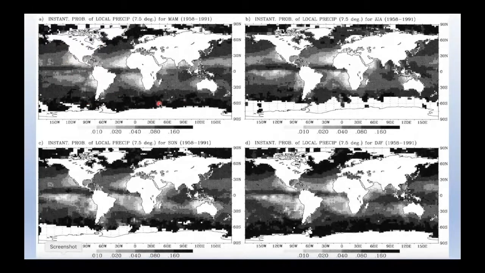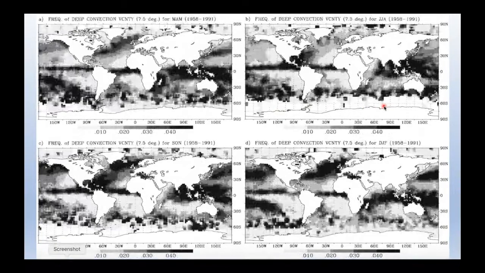And you go to the southern hemisphere and you don't have a lot of reports to work with, but at least on a fractional basis, we're talking 10, 15, sometimes even 20% of those reports are indicating some kind of precipitation occurring at the time of the observation. And again, in the southern oceans in their wintertime, you get nothing at all. There's just not enough ship reports to really tell you anything.